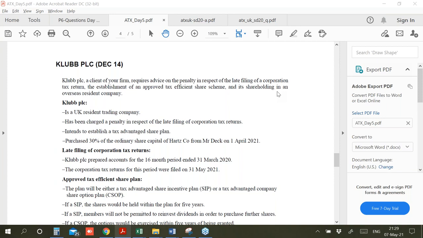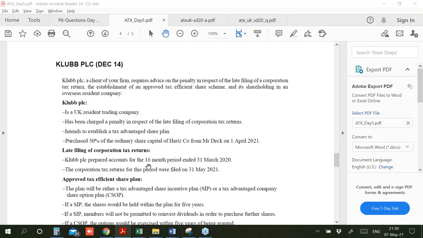But it is not mentioned here that the company has submitted returns late for the third time. So if it were mentioned that the company has submitted the return for the third time late, we will replace the 100 with 500. I hope it's clear.